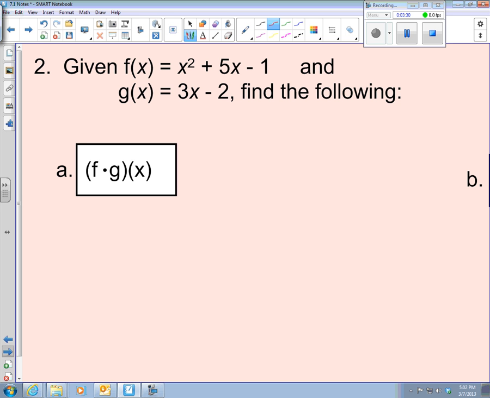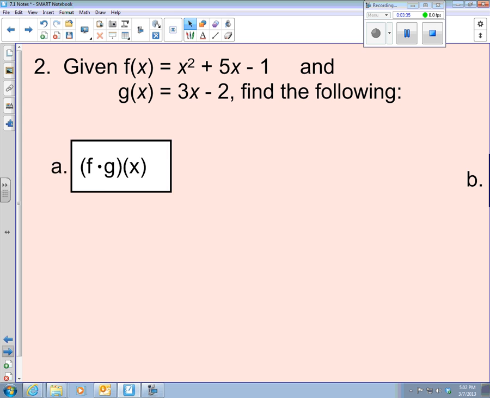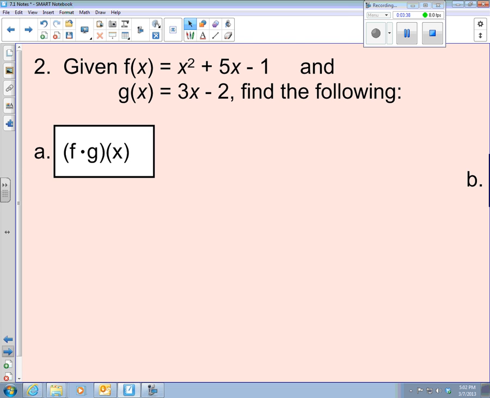F times g of x. Okay. And I think it's, well, here's our f of x function, here's our g of x function, the expression parts of them. Those are two parts you're going to be working with. And it's basically going to look like this. F of x times g of x.